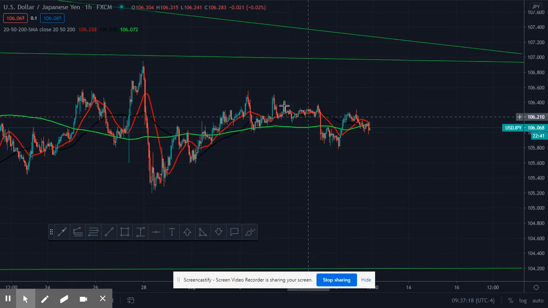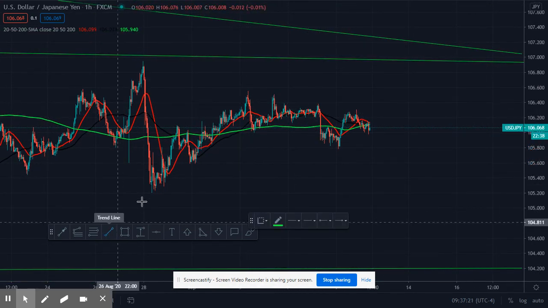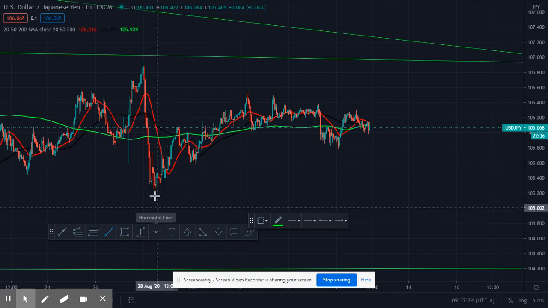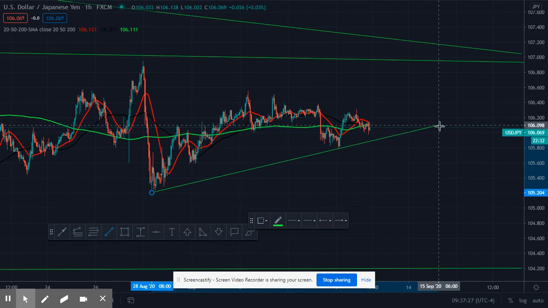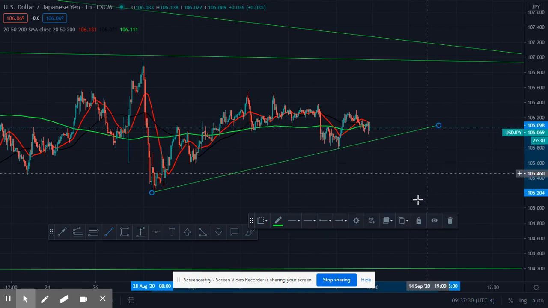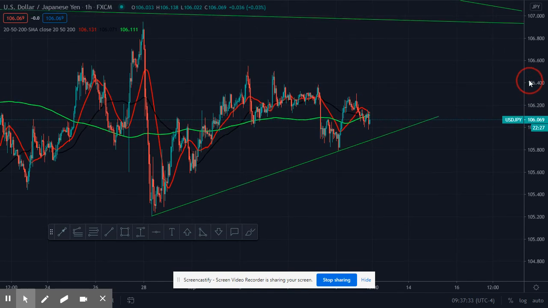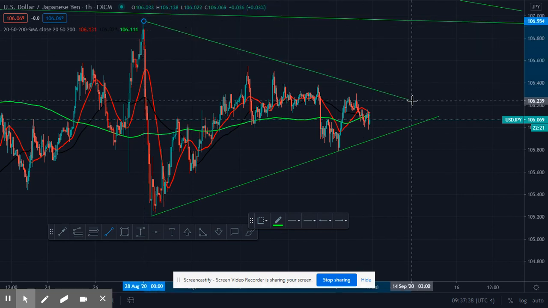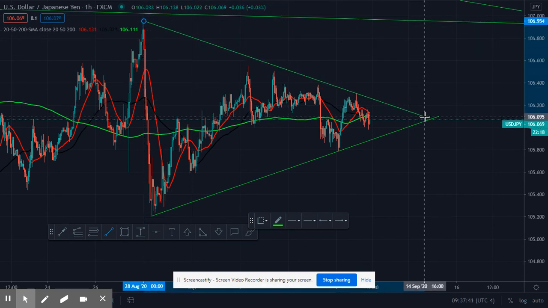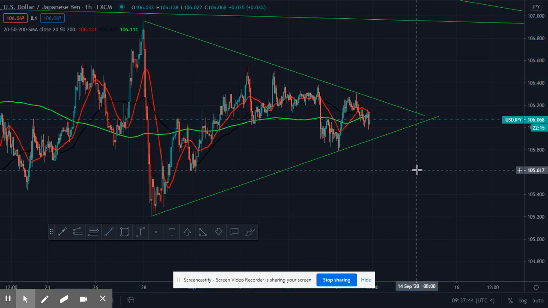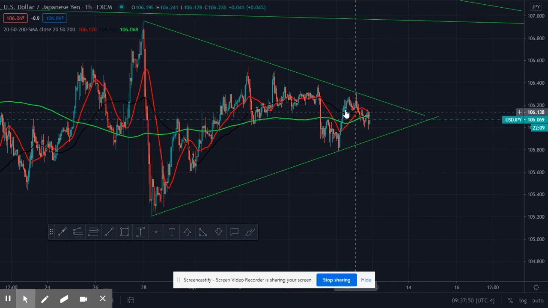We're in a lot of consolidation at the moment. This could be considered a bear pivot. All right. Not currently doing anything on this. Too much consolidation. Not a clear move.